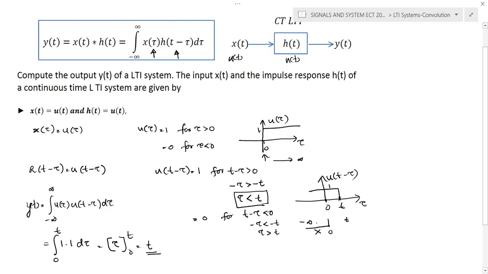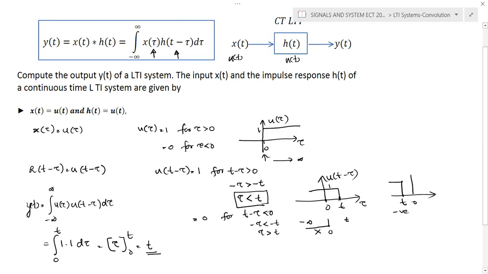And again, we need to consider two cases. If t is positive, you can write this particular equation. There is a common area from 0 to t. If t is negative, the waveform will be like this, with t on the negative side. So there will not be any common area, because the first signal starts from 0 and the second signal is only up to t, and t is negative, less than 0.